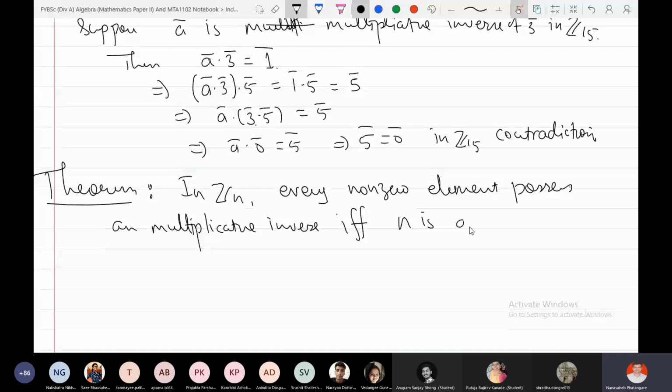This is if and only if. So in Zn, every non-zero element possesses a multiplicative inverse if and only if n is a prime.